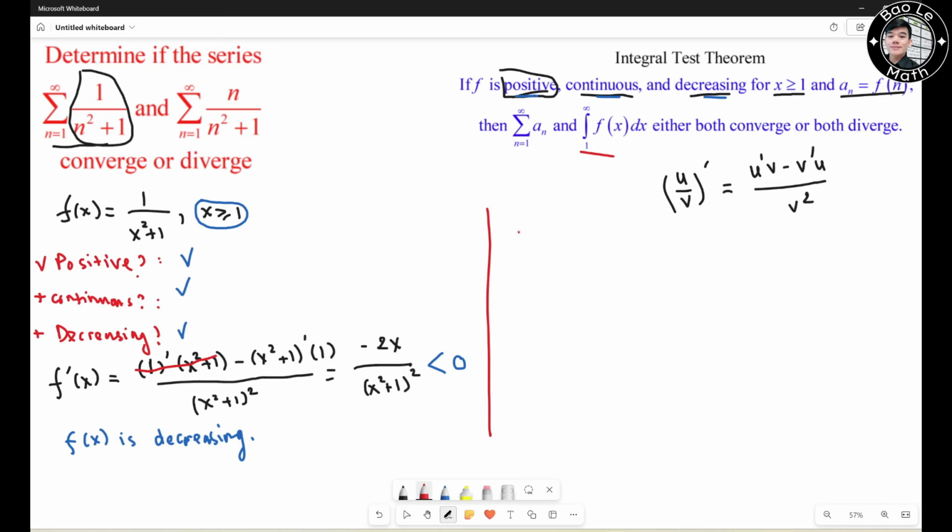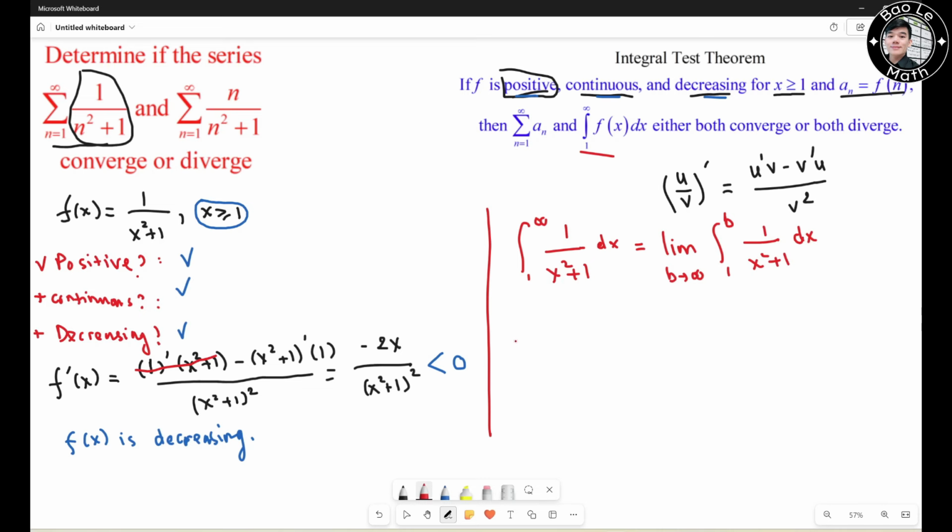So we need to take the integral from 1 to infinity of 1 over s squared plus 1 ds. This is an improper integral, so we need to use the limit. It is the limit when b approaches infinity of the integral from 1 to b of 1 over s squared plus 1 ds.